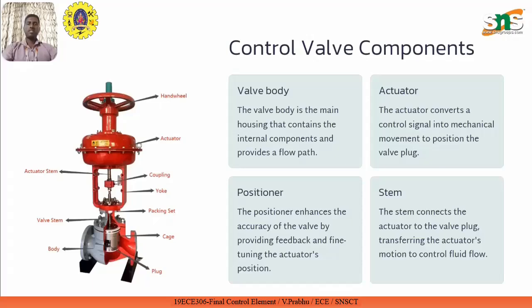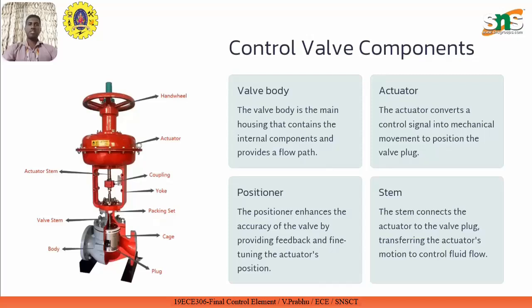This positioner gets the input feedback from the coupling. As the valve moves, this feedback is given to the positioner, which in turn maintains the valve in a particular position without fluctuating. The positioner enhances the accuracy of the valve by providing feedback as well as fine tuning the actuator's position.